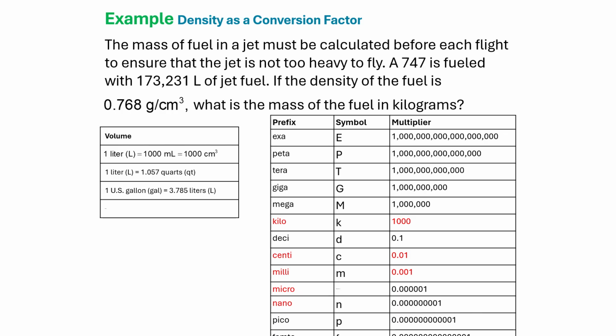The question is asking you about the mass of a fuel jet, and you have the volume of fuel jet in liter. But as I said, you cannot use this table to convert between liter to mass, which you need to find in kilogram.